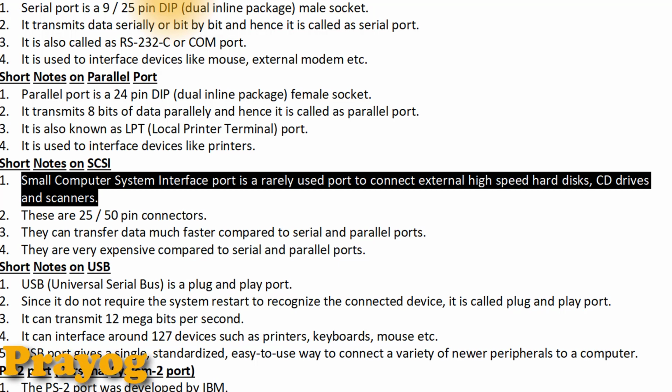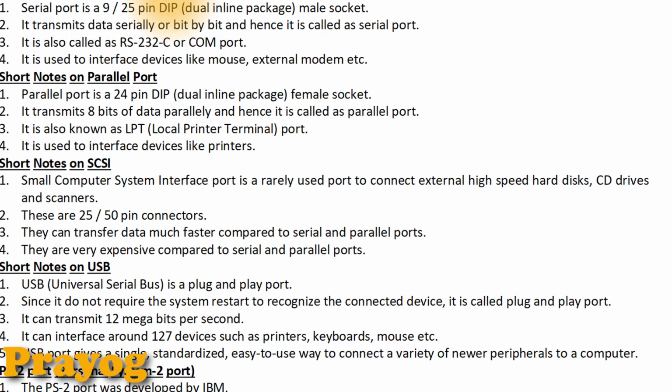The concept was, during earlier days of computing, people wanted to have high-speed devices such as high-speed hard disks or CD drives connected to the motherboards, but they were having low-speed disk connectors. So a new port called SCSI was introduced. It was either a 25 or a 50 pin connector.